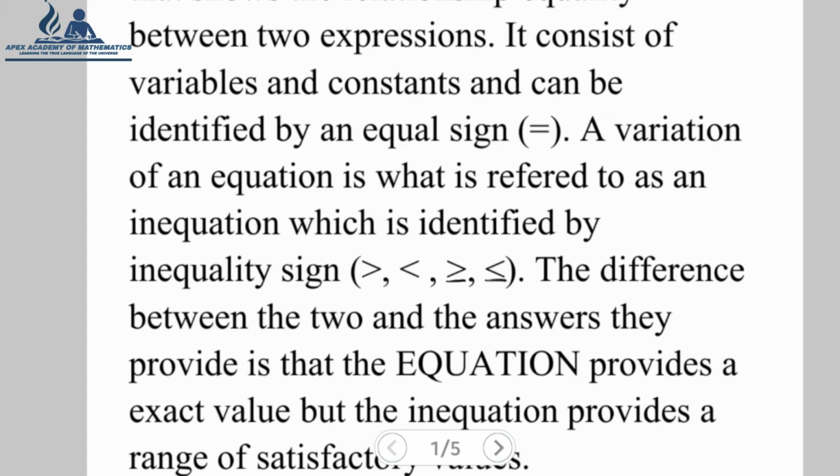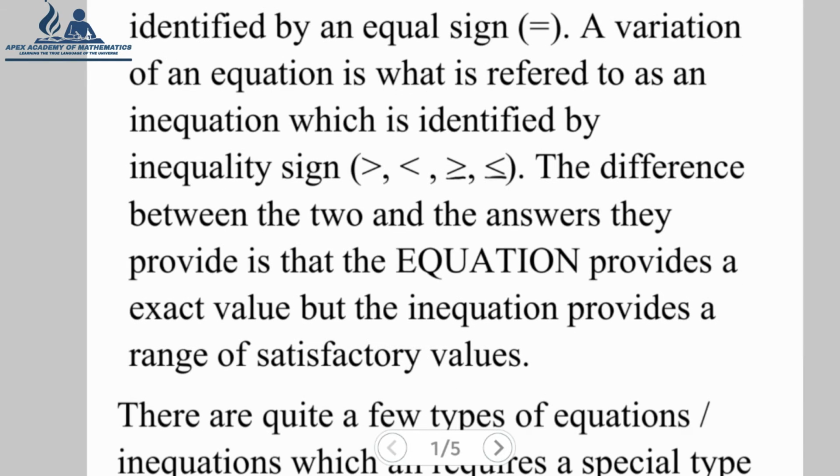Now, why is there a difference between an equation and an inequation? Well, the difference is that an equation provides an exact value for the expression, but an inequation provides a range of satisfactory values.